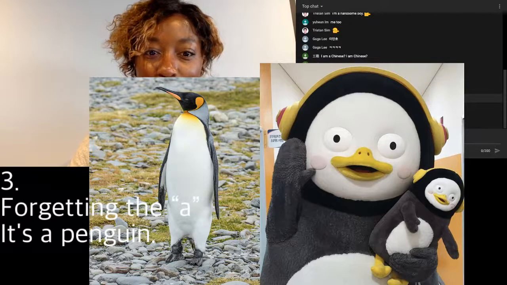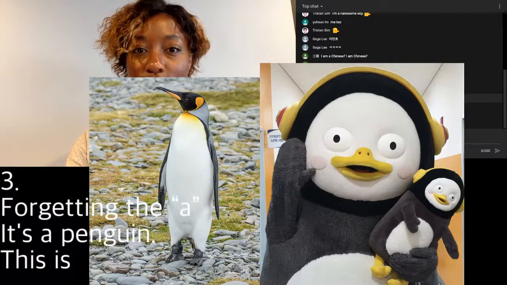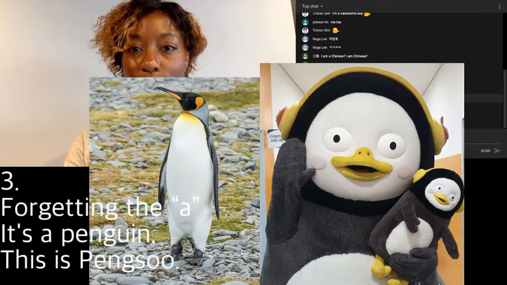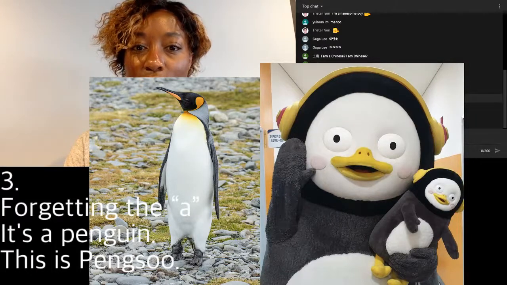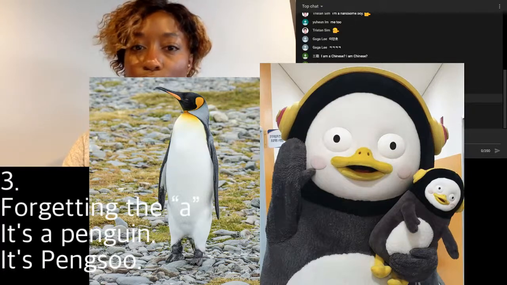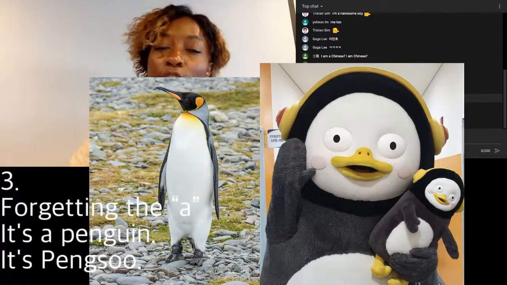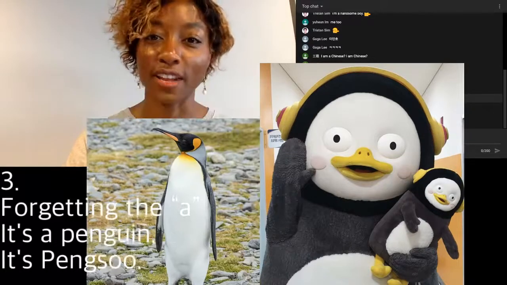Sorry, here. So now you can see the type. This is pengsu. Or you can say it's pengsu. Right? So here's an example of, you have just a random penguin, right?